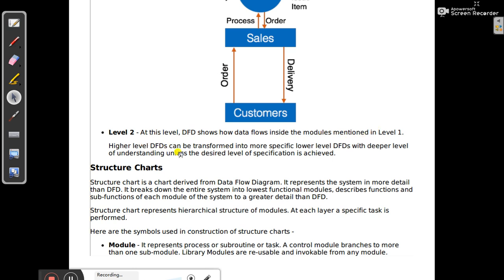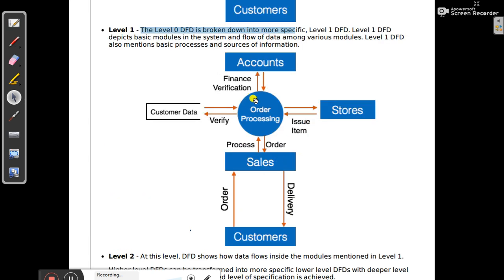At this level, the DFD shows how data flows inside the modules mentioned in level 1. A higher level DFD can be transformed into a more specific lower level DFD with a deeper level of understanding, until the desired level of specification is achieved.